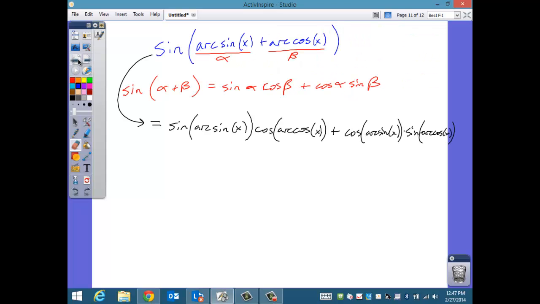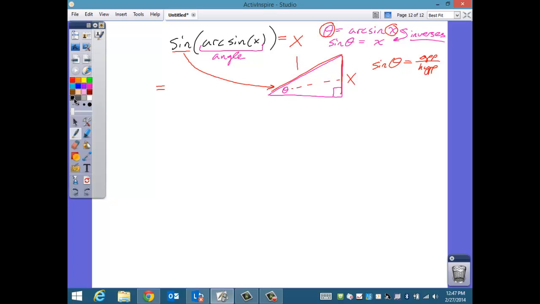Now that, of course, is going to be important on this page, because look what we have right here. You've got sine of arcsine of x right there. Now we also see down here sine of arccosine of x and cosine of arcsine of x. So let's think for a moment about cosine of arcsine of x.